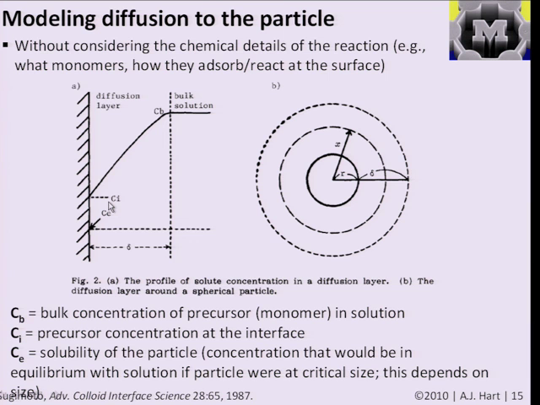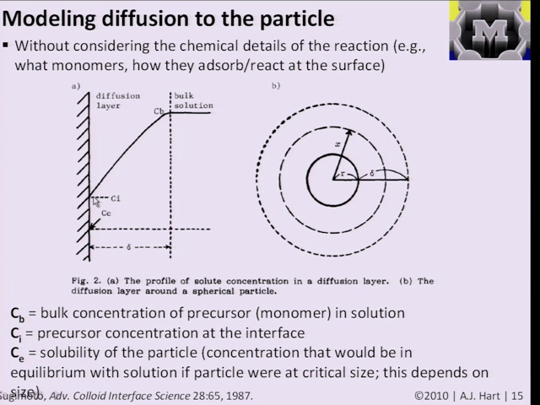And going with the terms that are defined in the reading, we're going to call C sub b the bulk concentration of the precursor in the solution, and we're going to call C sub i the concentration at the interface, and then we're going to call C sub e the solubility of the particle, or the concentration of monomer in the solution at which the particle would be in equilibrium.